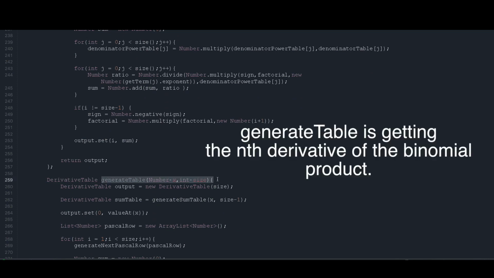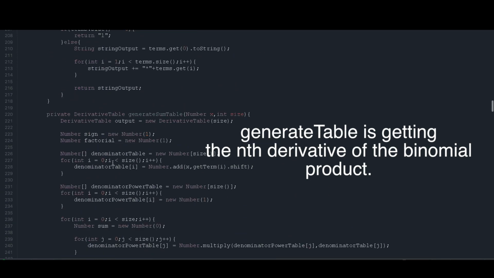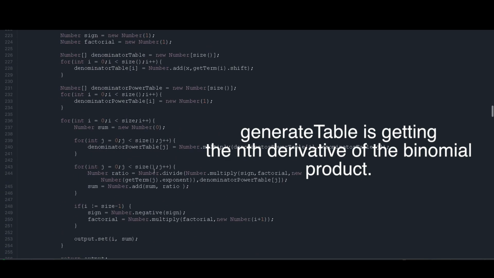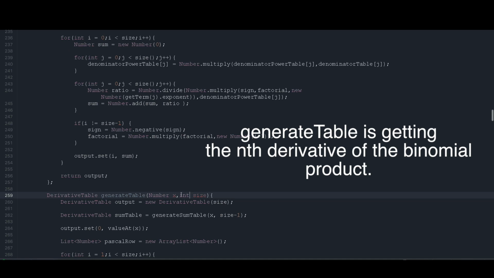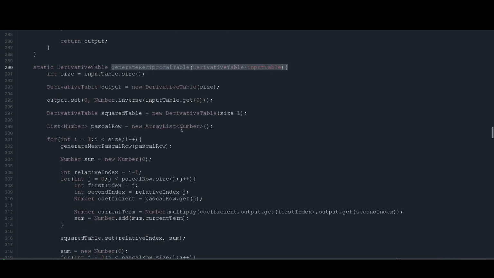And then this is generating the actual nth derivative of this binomial product at a given value, and how many derivatives you want. Remember the 1 over g, given the nth derivative of that p0 function, this calculates the nth derivative of 1 over p0. So this just calculates the reciprocal.